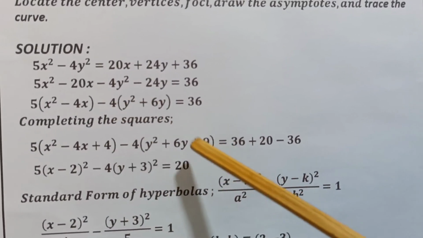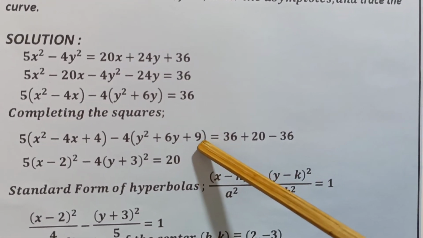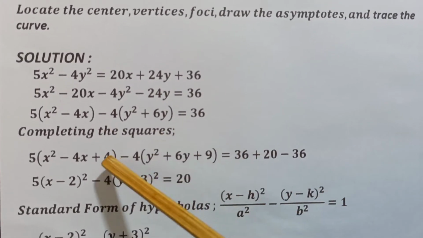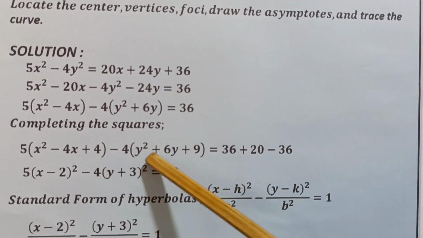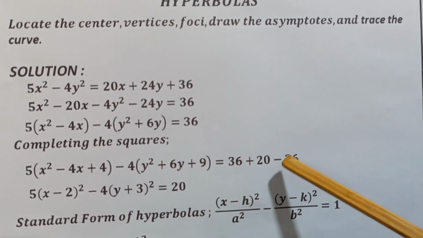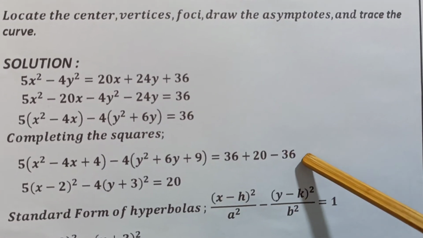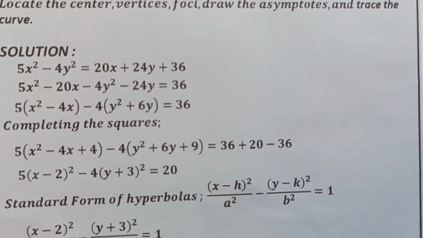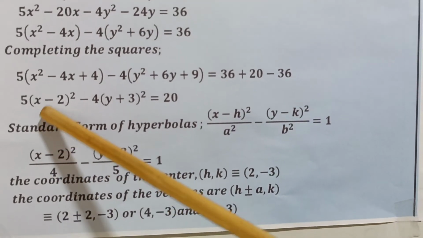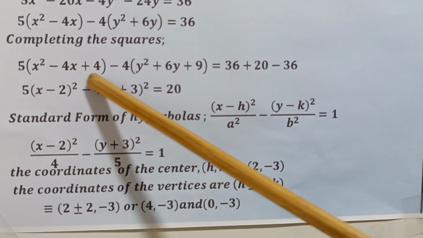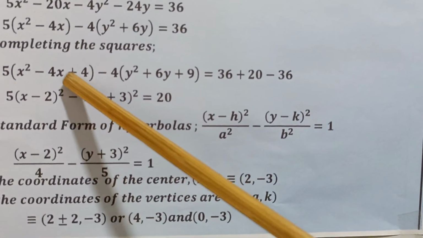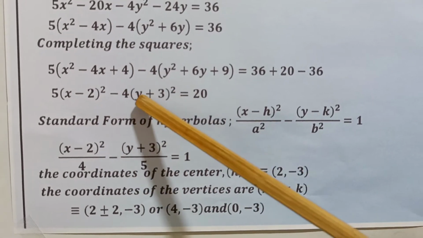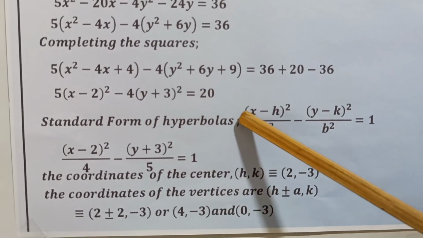So actually, we're subtracting 36. So we have here 36 plus 20 since we add 20 here. And then since we subtract 36 here, we also subtract 36 on the right side of the equation, or we add negative 36. And then we factor this trinomial here, and we get 5 times quantity x minus 2 quantity squared minus 4 times quantity y plus 3 quantity squared is equal to 20.